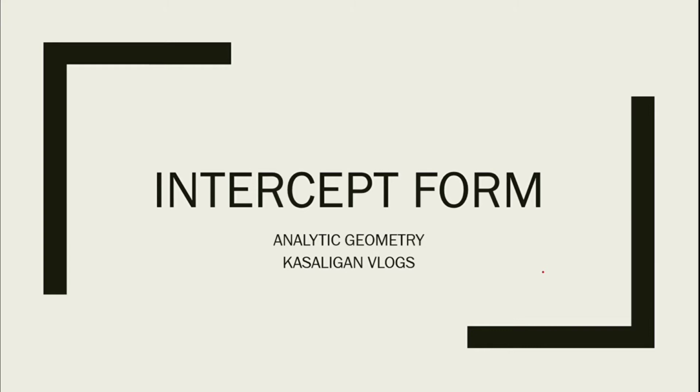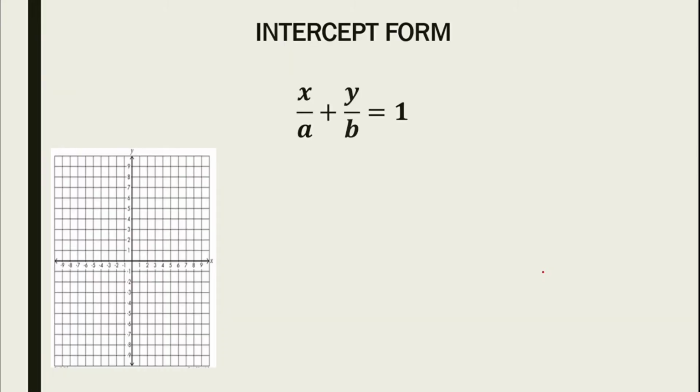The topic is all about intercept form in analytic geometry. So sit back, relax, and enjoy the moment as I teach you all about intercept form. So we have here intercept form. This is the formula given in the intercept form, which is x over a plus y over b is equal to 1.